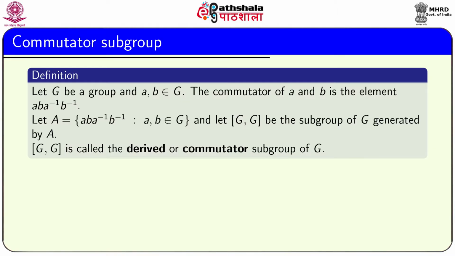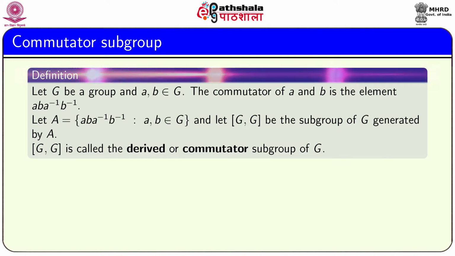We define the derived subgroup or commutator subgroup of a given group G. Let G be a group and A, B be two elements in G. The commutator of A and B is the element of the form A B A inverse B inverse.